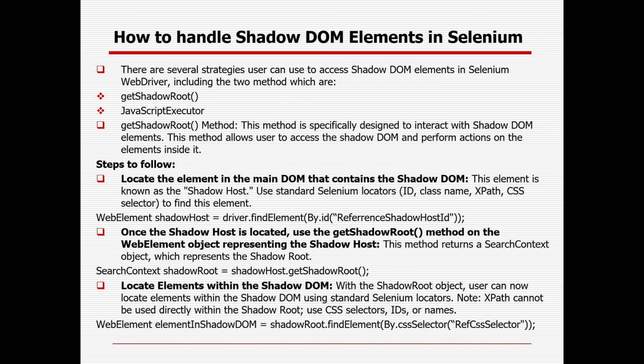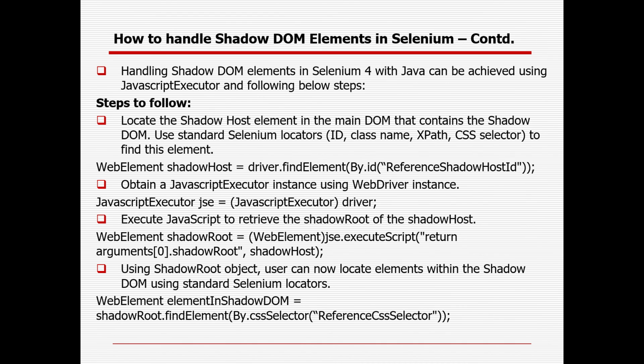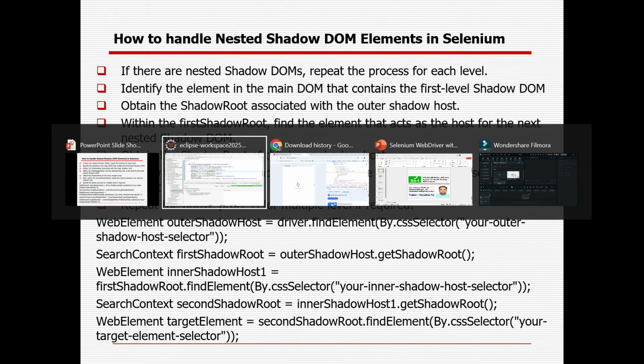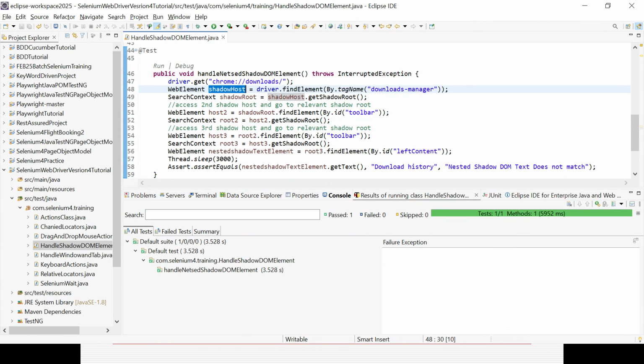The second approach is you can use the JavaScript executor. It is mostly the same, you only need to change this part. And in case you have a nested shadow DOM element, you can go with the same approach. First you need to identify the shadow host and shadow root.